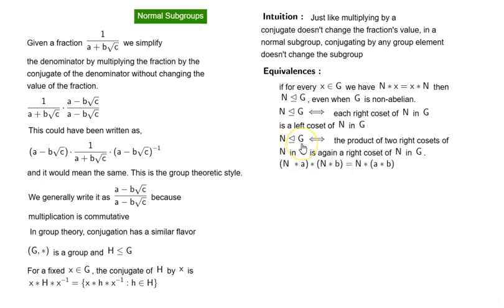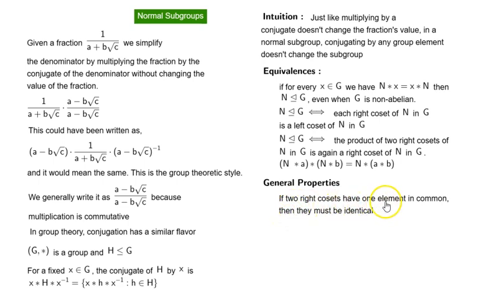N is a normal subgroup of G if and only if the product of two right cosets of N in G is again a right coset of N in G. That is, N times A times N times B is equal to N times A times B. If this condition is satisfied, then also we can say N is a normal subgroup of G. Now let's look at some general properties.